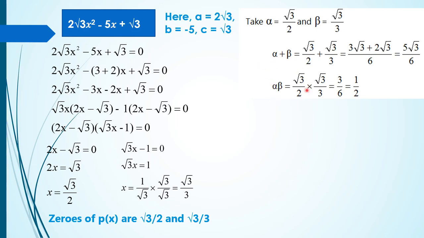Alpha plus beta is root 3 by 2 plus root 3 by 3. Go for LCM of denominators, that is 6. 2 3s are 6, 3 into numerator root 3, 3 root 3. 3 2s are 6, 2 into numerator root 3, 2 root 3. 3 root 3 plus 2 root 3 is 5 root 3 by 6. Now alpha beta is root 3 by 2 into root 3 by 3, that is 3 by 6, I will get 1 by 2.